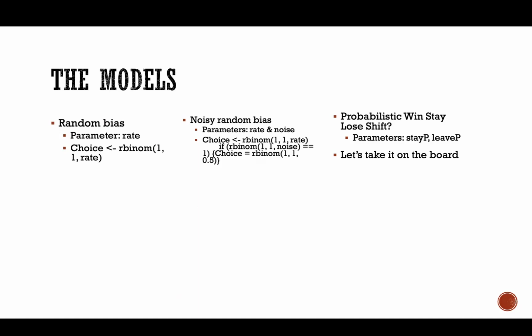The stay probability affects the choice only when the win state is different from 0, only when we won. And the shift probability affects the choice only when we lost, so the loss state is different from 0.